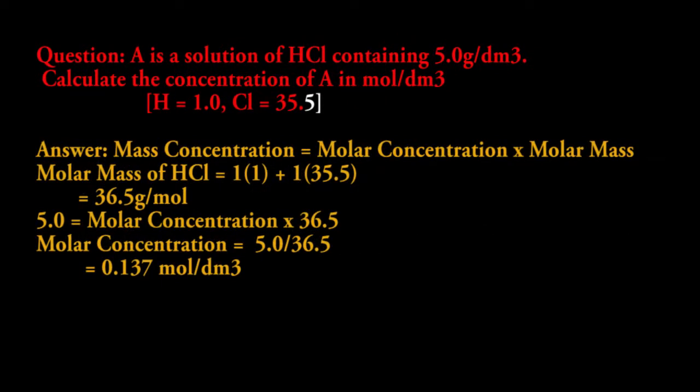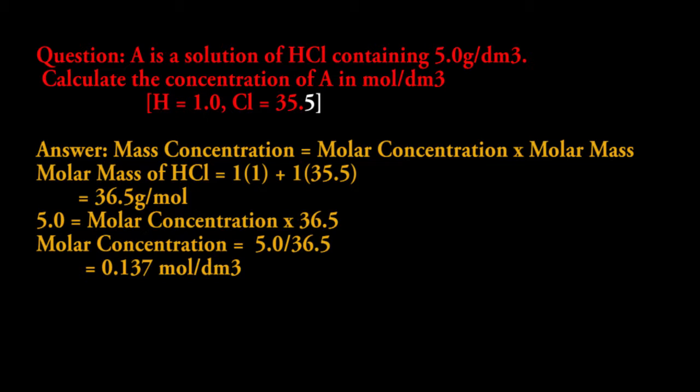Question: A is a solution of hydrochloric acid containing 5.0 gram per dm cube. Calculate the concentration of A in mole per dm cube. Solution: we apply our formula, which is mass concentration is equal to molar concentration times molar mass.